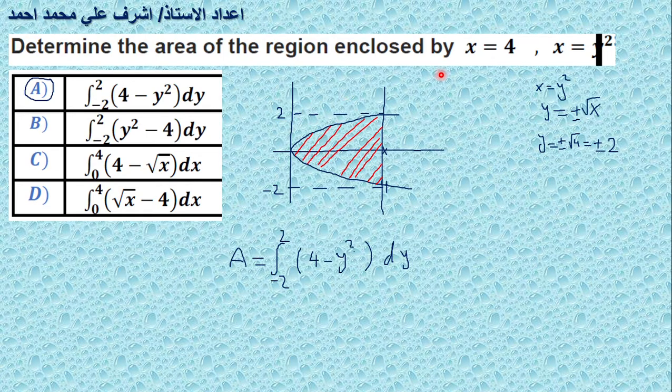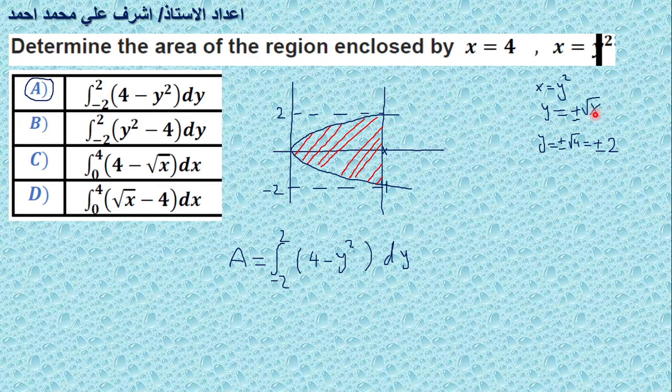When we sketch, x equals 4 is a vertical line. x equals y squared, as you know before, is a parabola opening horizontally with vertex at 0, 0, the origin.